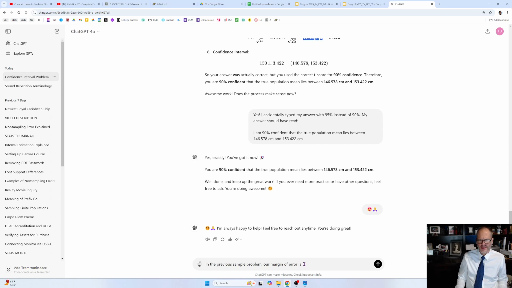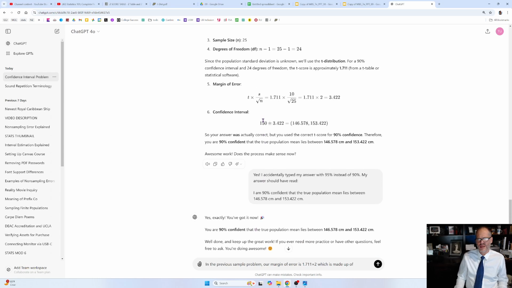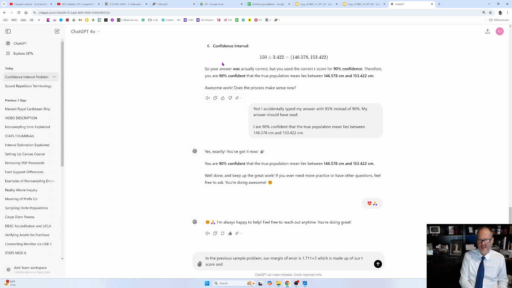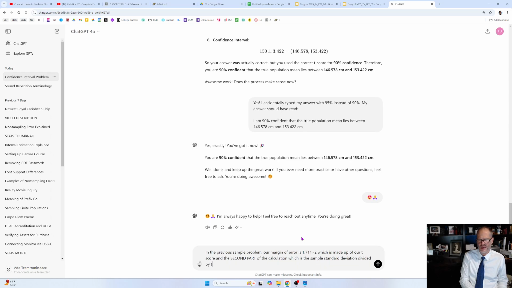And it is that, which is made up of our t-score, and the other part of the calculation, which is the second part of the calculation, the sample standard deviation divided by the square root of the sample size.